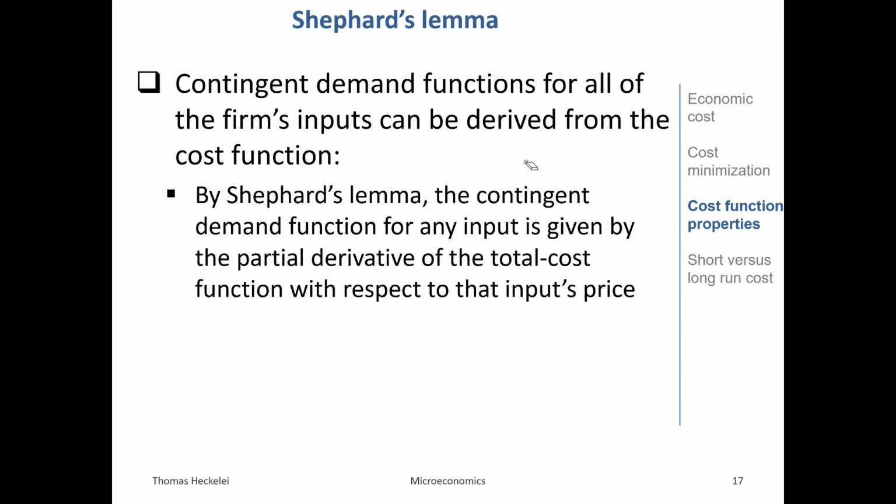By Shephard's lemma, we could find the contingent input demand functions by differentiating the total cost function with respect to input price. Okay, so if you don't remember clearly anymore, go back to the week where we talked about expenditure minimization and look at it again.